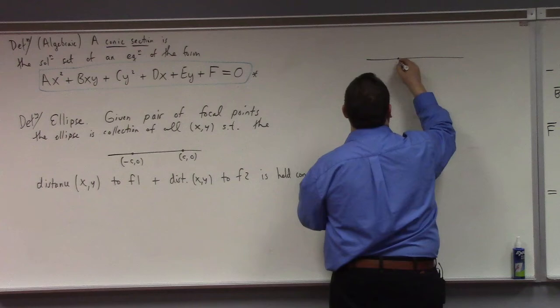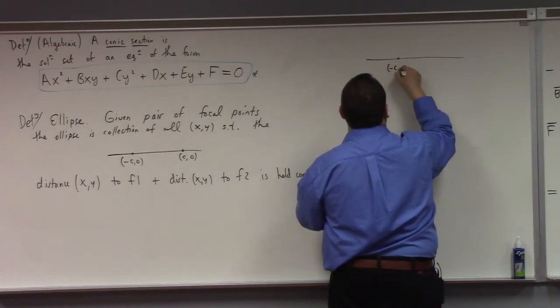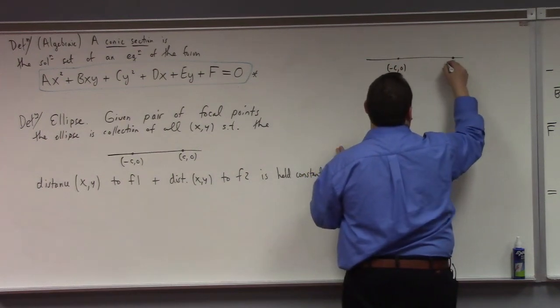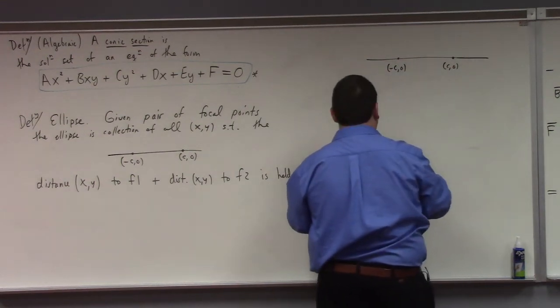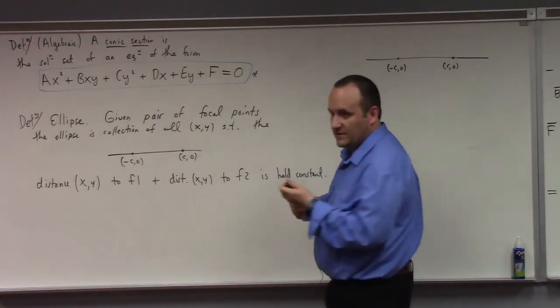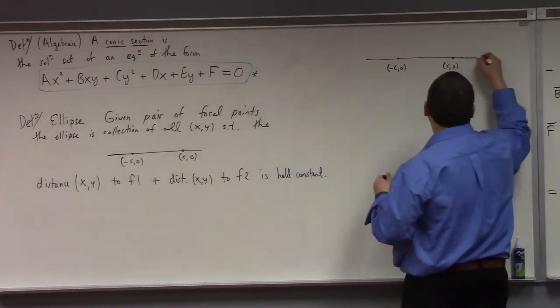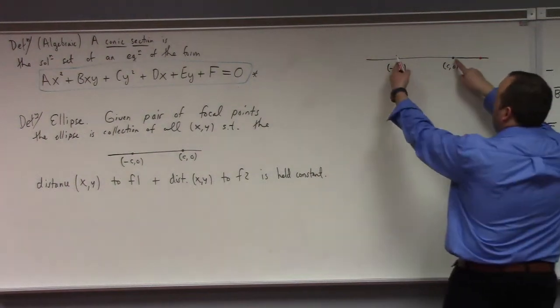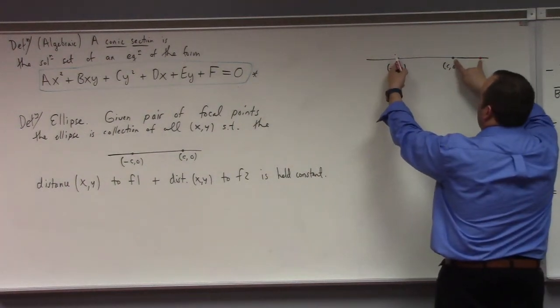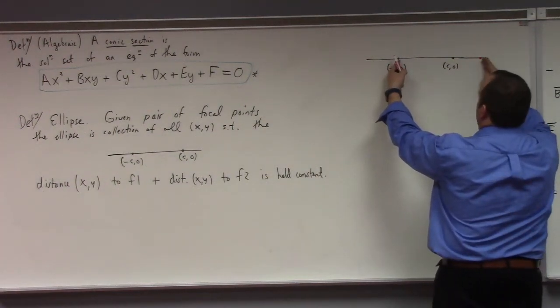So again, my focal points. I'm assuming that C is positive, right? So, let's just picture it. Suppose this is a point on the ellipse, right? So that means that this distance plus that distance is the constant distance, right?